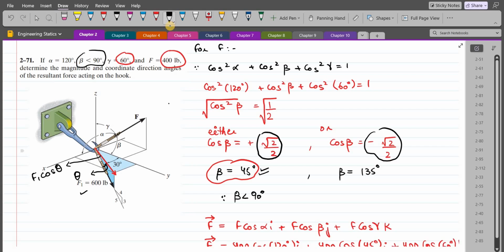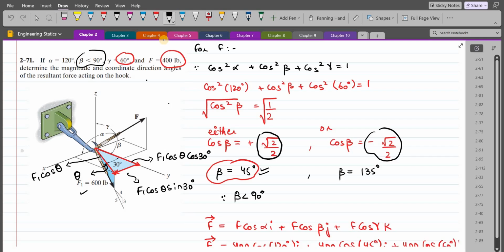Now we have to resolve this projection into components along the x-axis and the y-axis. This is the component along the y-axis, and this is the component along the x-axis. The component along the y-axis becomes F1 cos theta into cos 30, and the component along the x-axis becomes F1 cos theta into sin 30.